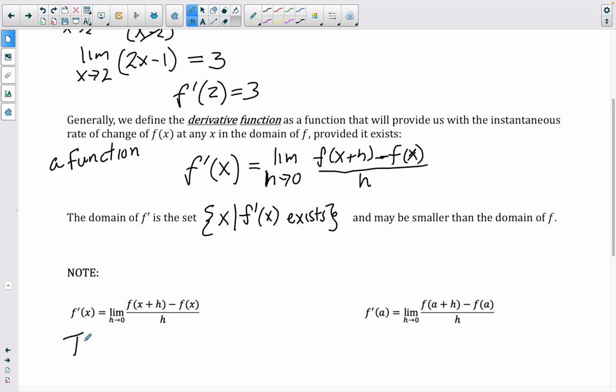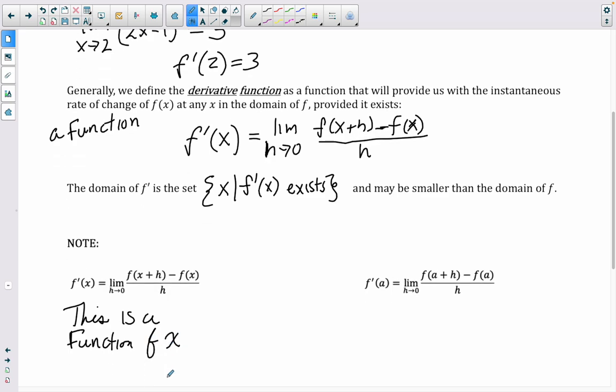This is a function of x, right? This here, this is a number. This will give you the slope of the tangent at some point A, right?